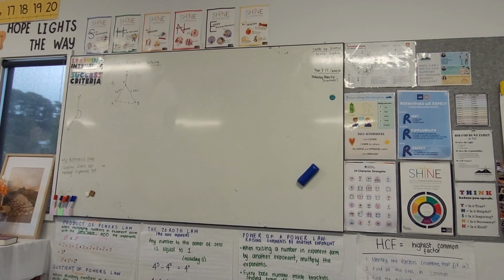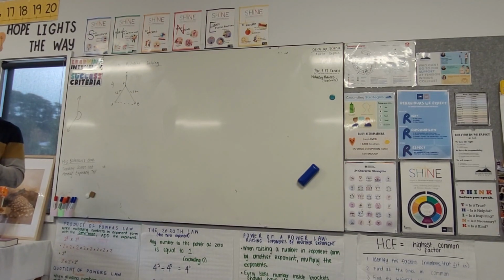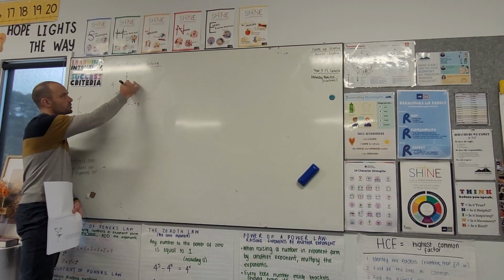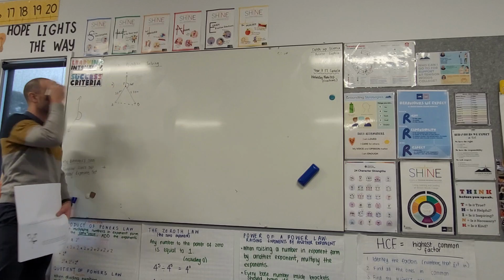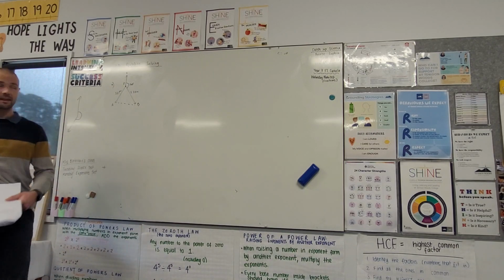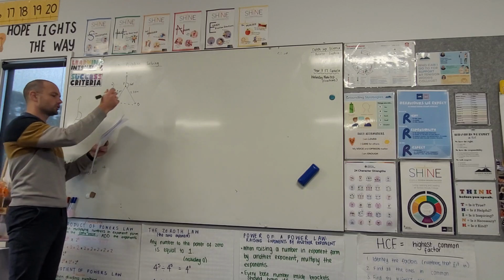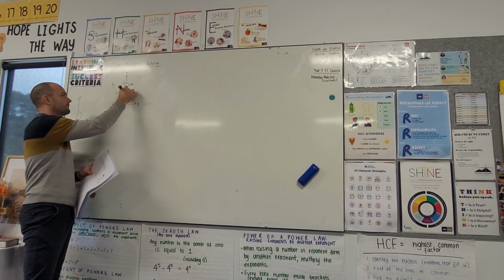Then we have ship B leaves the same port at the same time with a bearing of 165 degrees. Okay, so that means the angle from true north to ship B is 165. And so what we know then, if we're going from 165 all the way to 200, is that this internal angle here has to be 35 degrees.